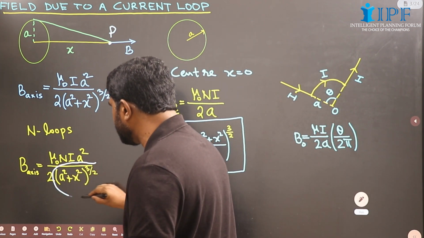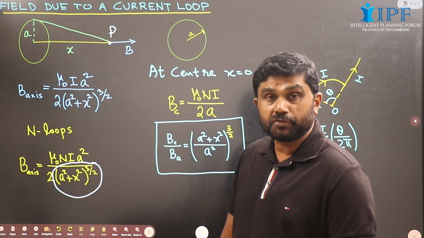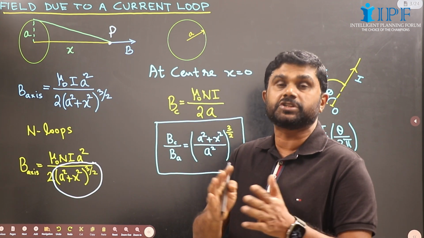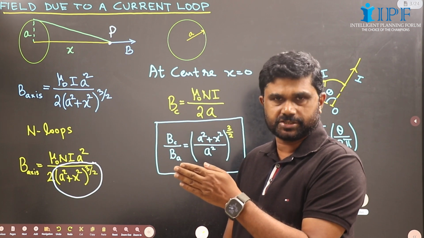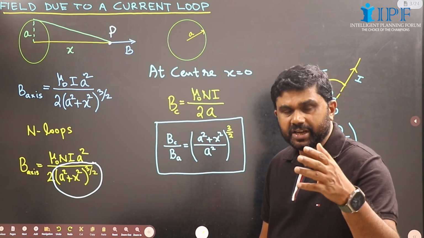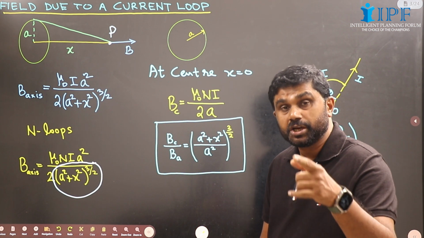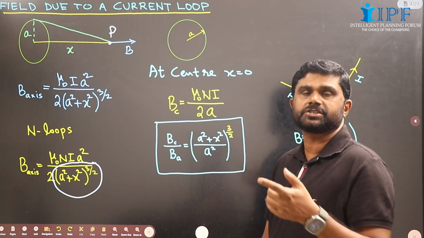The rest of the expression will be the same for both points. So the magnetic field intensity is inversely proportional to (a square plus x square) whole raised to 3 by 2.